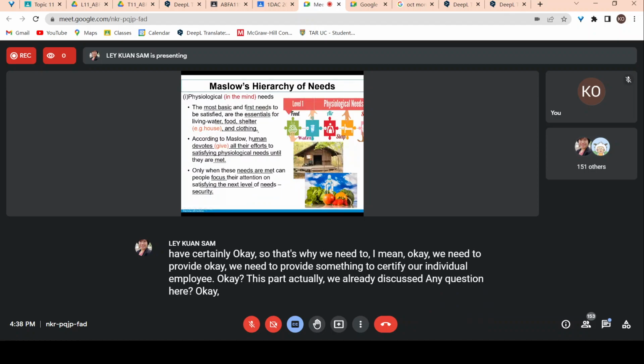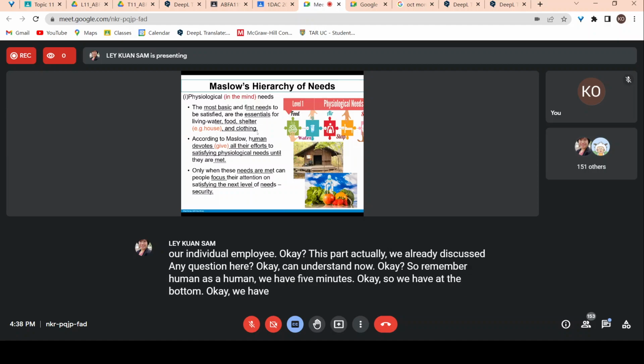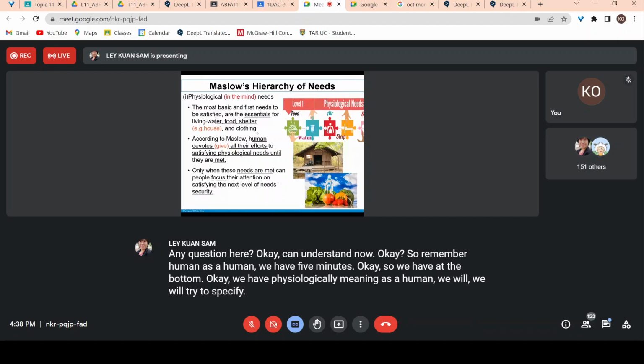Okay, can understand now. So remember, as humans, we have 5 needs. At the bottom, we have physiological needs, meaning as humans we will try to meet our basic needs first.